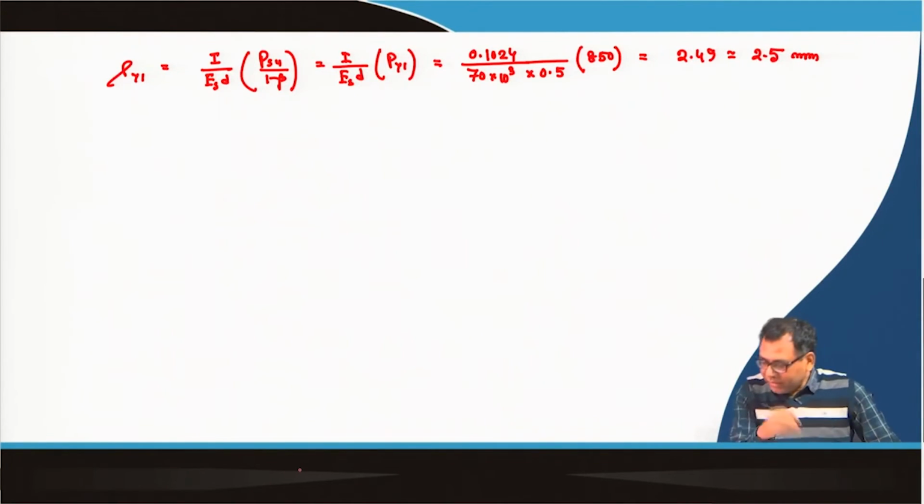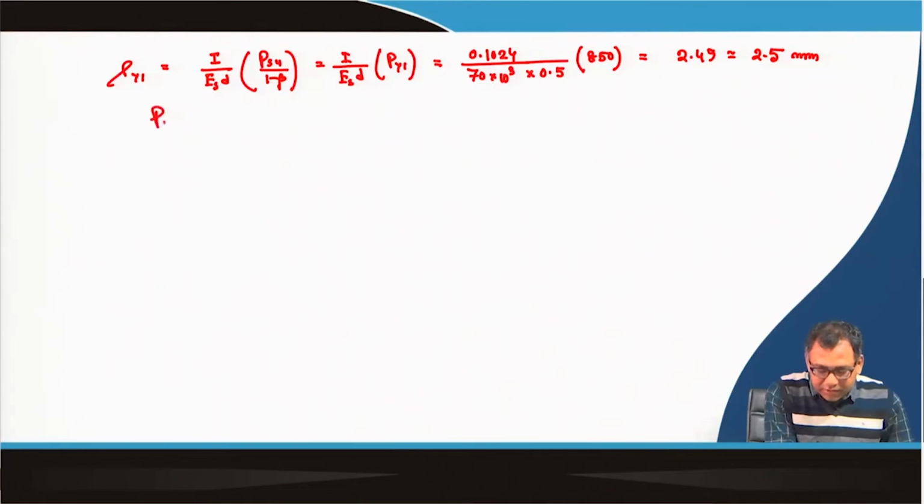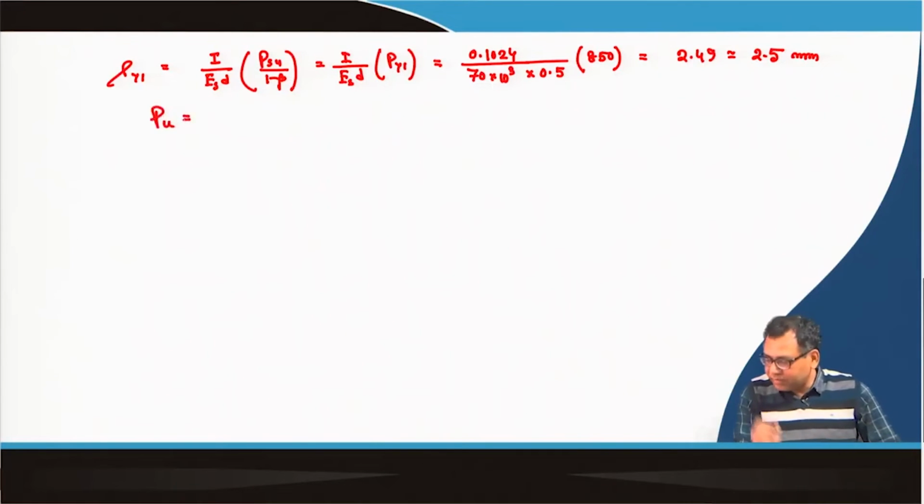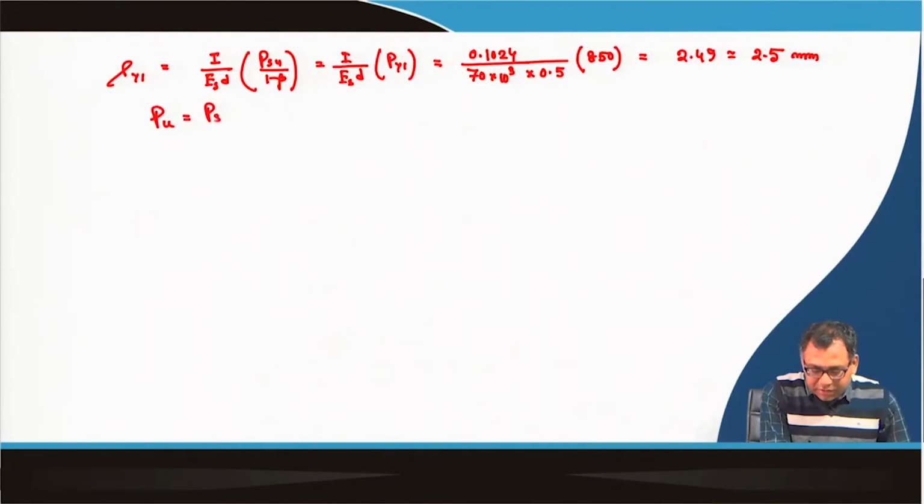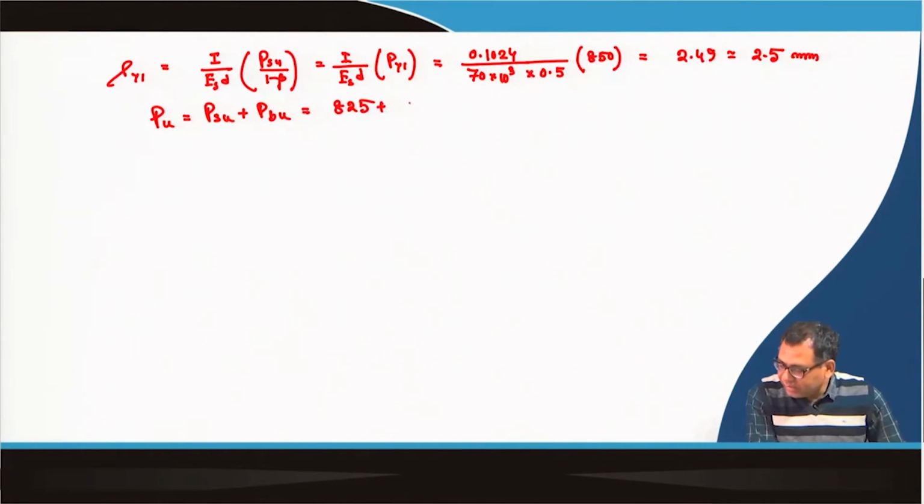Now, we will calculate the ultimate settlement, because we know the tip resistance and the base resistance. So, the total load carrying capacity of the pile is the summation of the friction resistance and the base resistance. So, that will be 825 plus 212, that will be 1037 kilonewton.